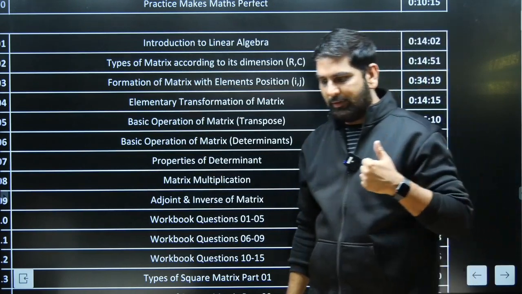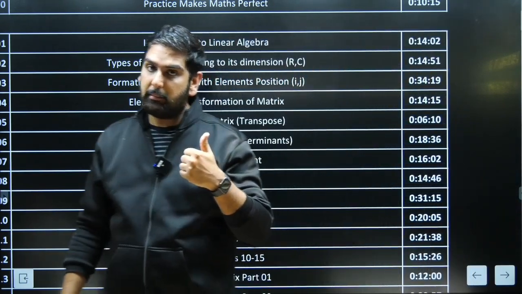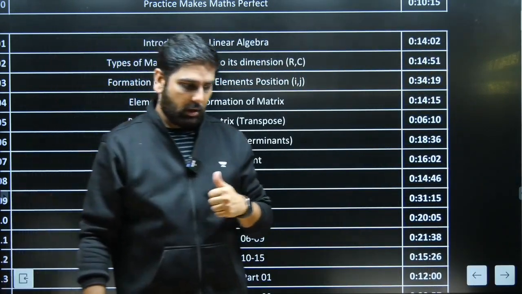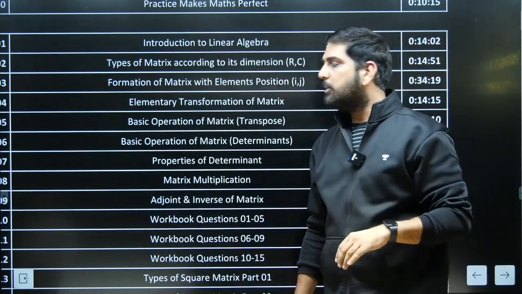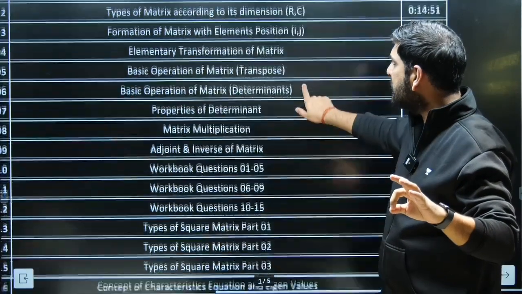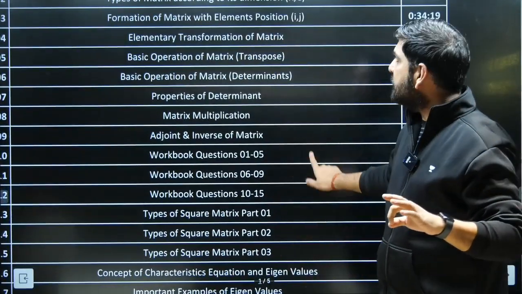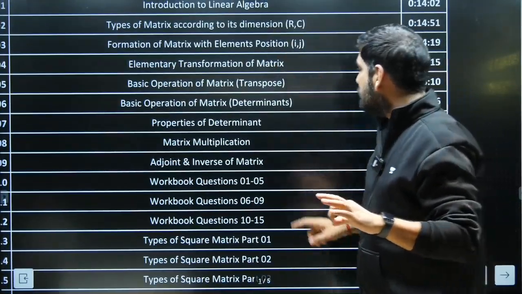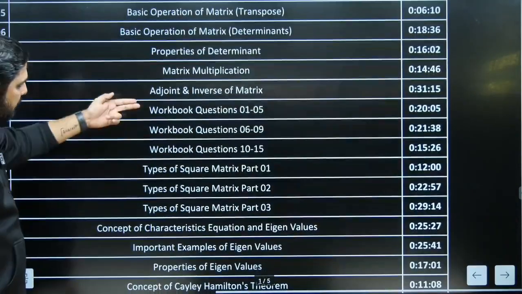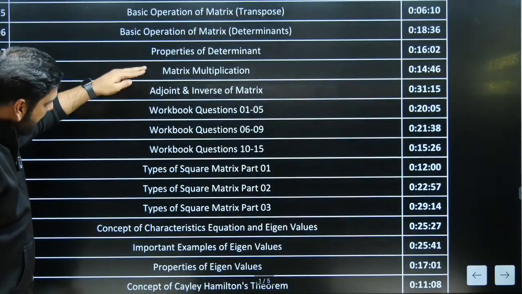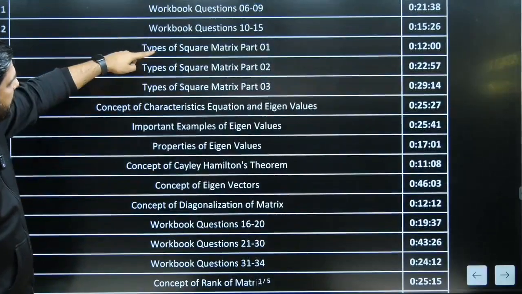For example, if you want to know about idempotent, nilpotent or involutory matrices, that is nothing but the syllabus topic types of square matrix, which is really important. Then properties of the determinant, again workbook questions, a complete practice session on types of square matrix.